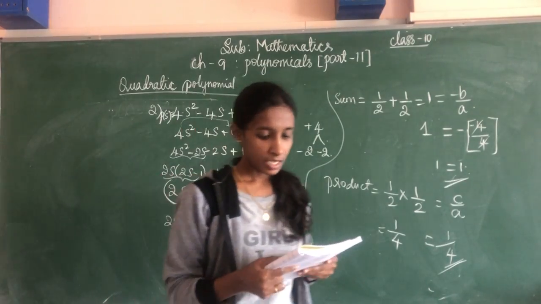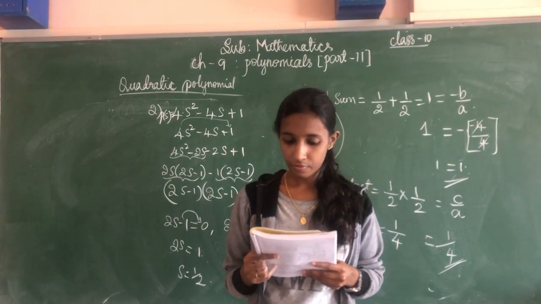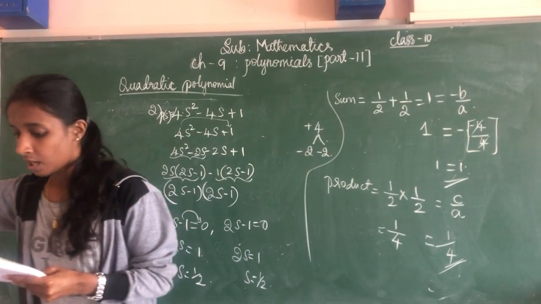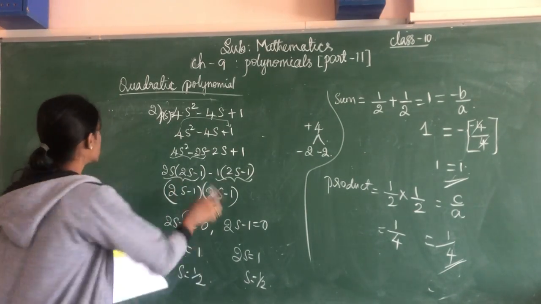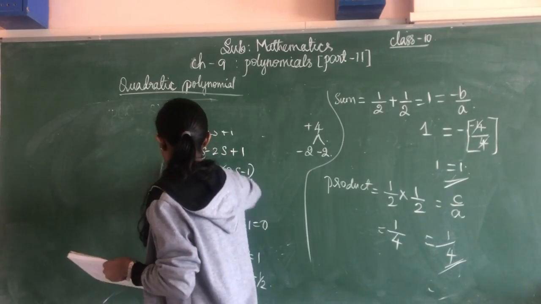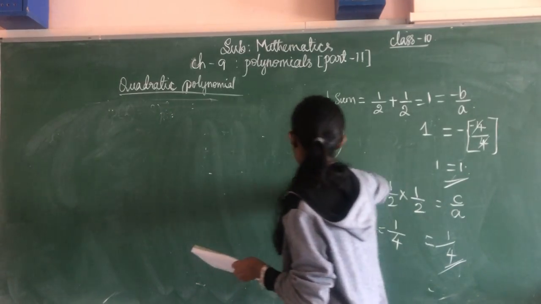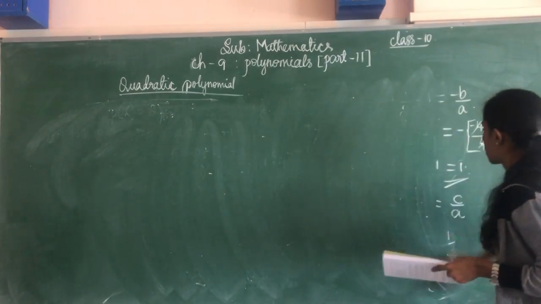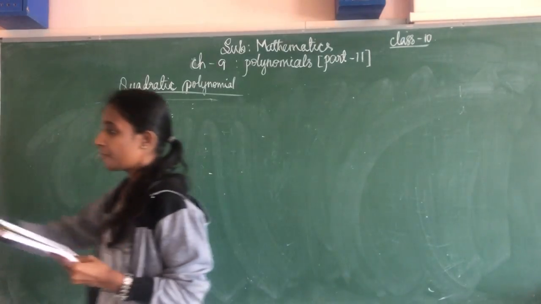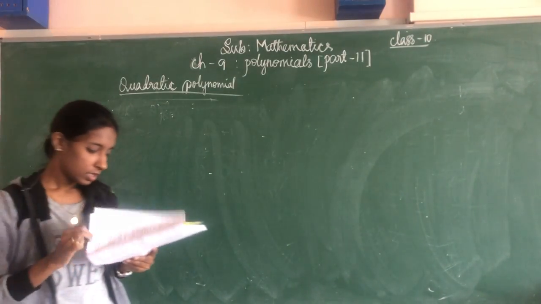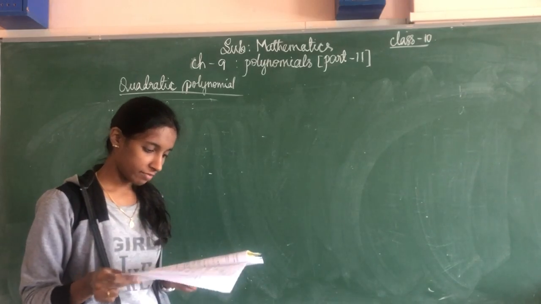Similarly, take the third problem as homework. Fourth one I will do, and fifth, sixth you take it as homework. Okay. See, fifth problem is similar to the example problem which you have done.